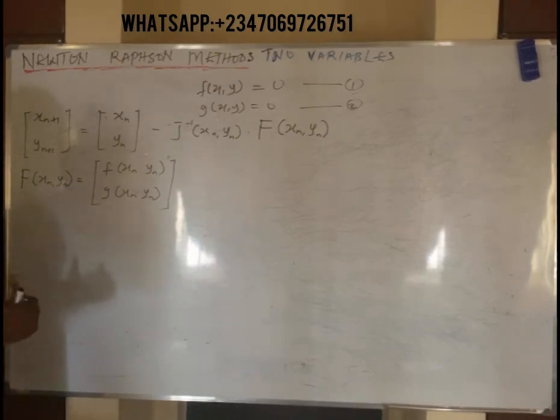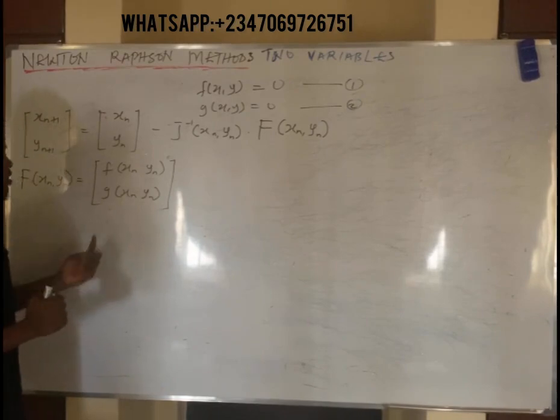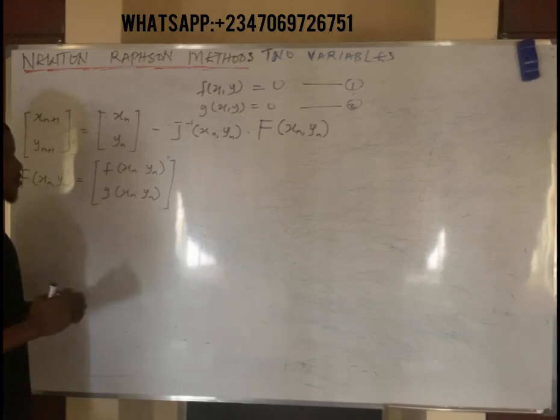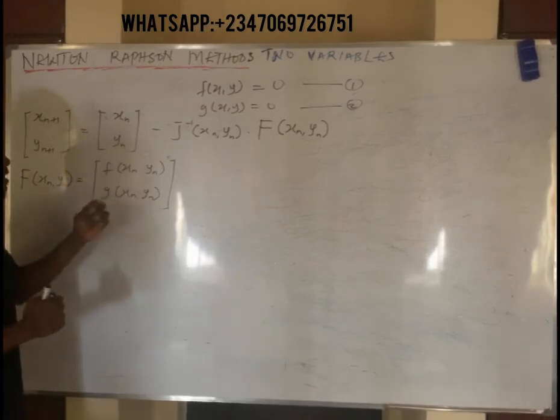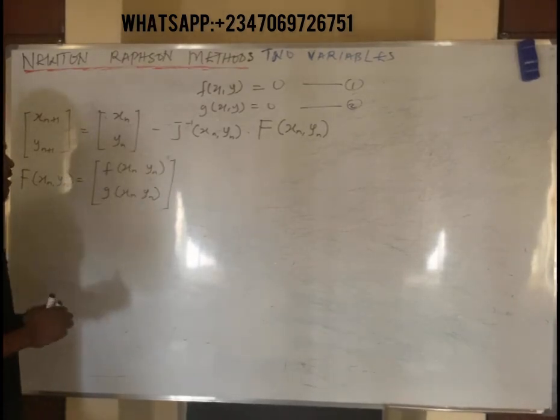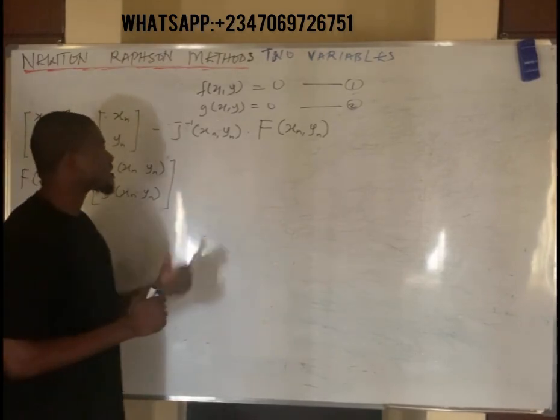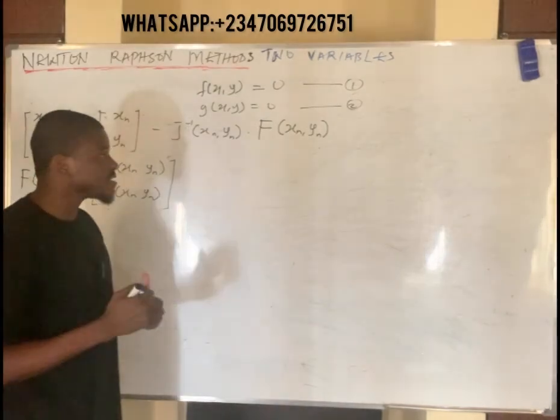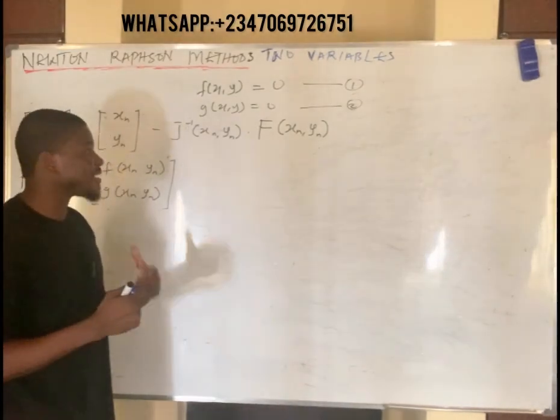So if you have up to 3 equations, it simply means the third equation will take the third row, just as the first equation takes the first row, the second equation takes the second row. Then again, the Jacobian inverse can be found firstly by obtaining the Jacobian of the function at a given point.